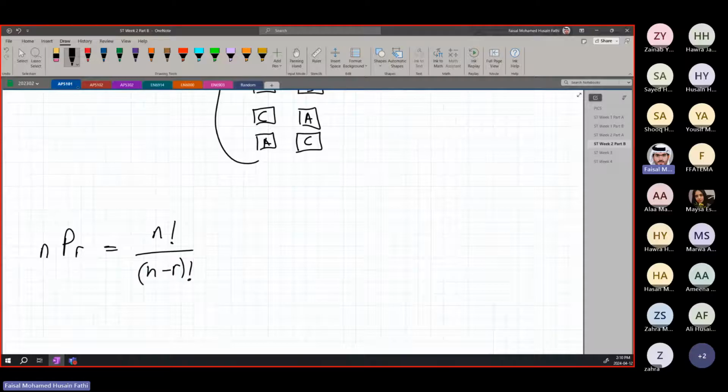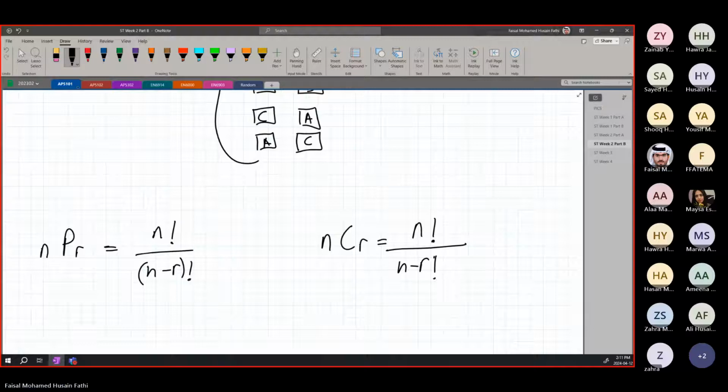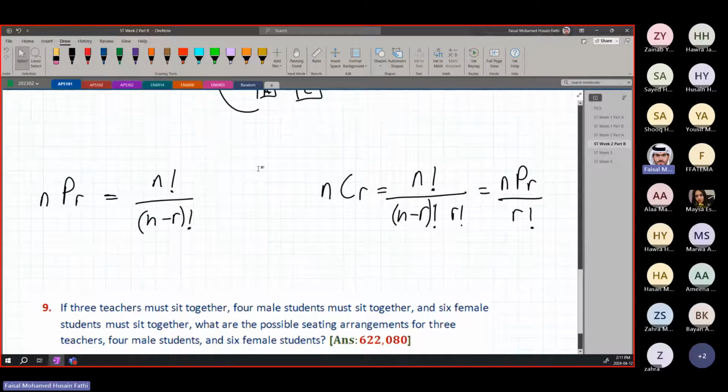This is the definition of how you would find permutation. And for combination, it is n factorial over n minus r factorial times r factorial. Or in other words, we can write this as nPr, the permutation, divided by r factorial, which is the number of choices you can have. So this is just another way of defining what nPr and nCr are.